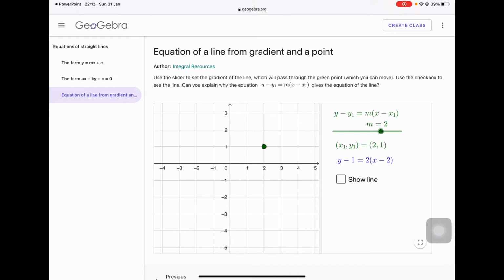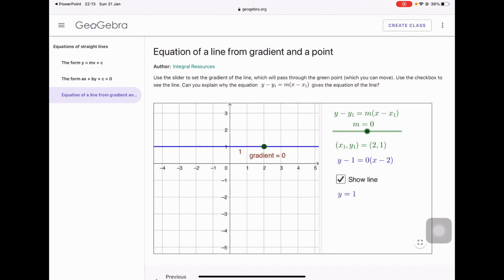So now let's see what happens if we change the gradient. So it starts off at 0. Now let's increase it. Of course, the line is getting steeper and steeper. And look at the blue equations as well. Not only is the gradient changing, but the y-intercept is changing as well.